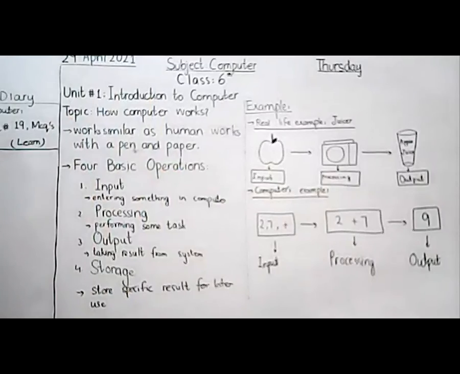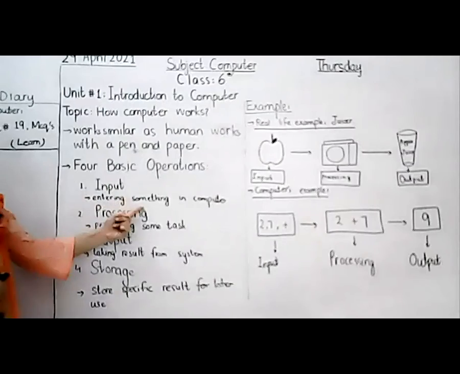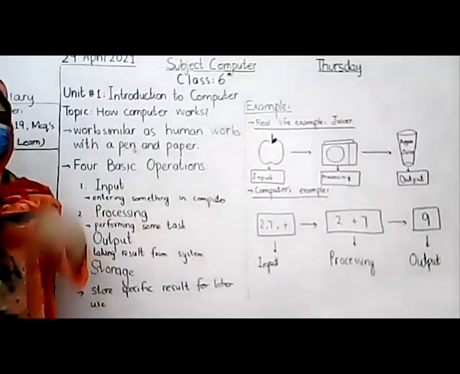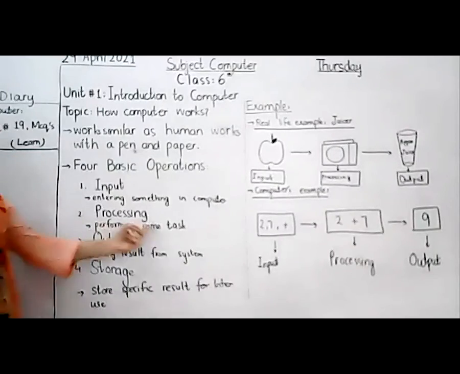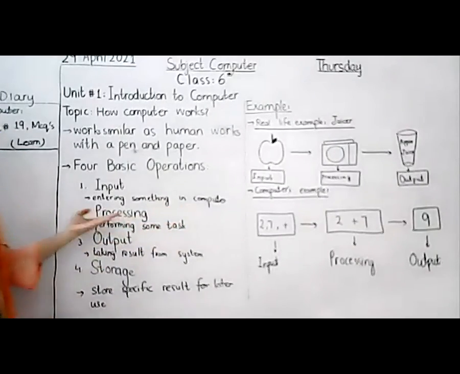So there are some task operations on the computer. First of all, we talked about the input. Entering something in the computer is called input. Processing: performing some task on the computer is called processing. Third one is output.